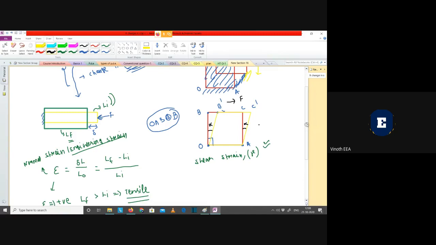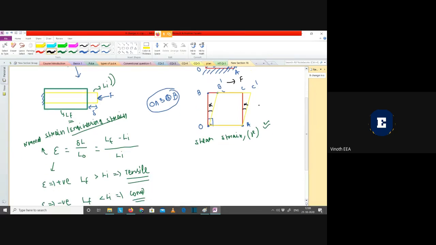Initially OA and OB were perpendicular to each other, that is 90°, but after application of this force the angle changed. We will take that as theta. This is the new angle between OA and OB.